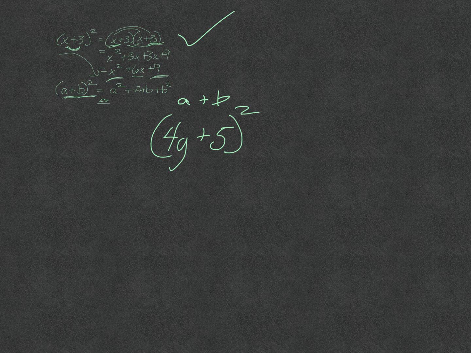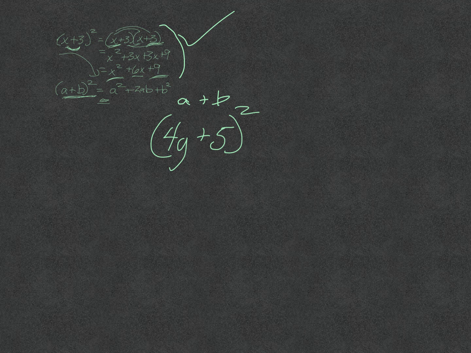Now, if it confuses you to try and figure this out, my suggestion is you do it by FOIL and get it right every time. What's more important is that you get it right every time and that you don't start practicing a wrong way.